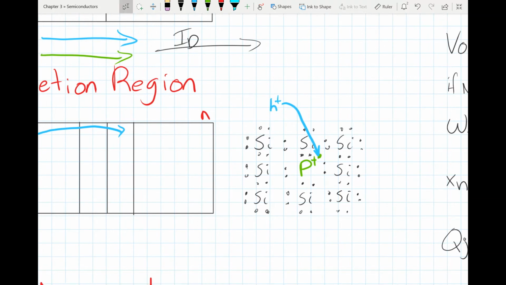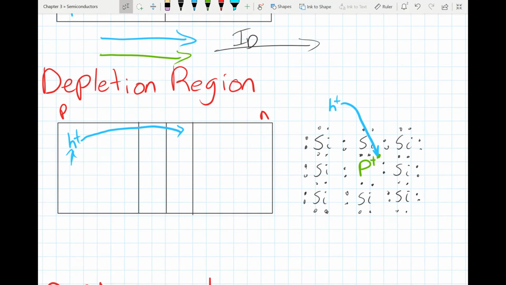So close to the junction, when all these things are happening, we're going to be accumulating a bunch of positive bound charges on the n side. These charges are going to be accumulating there on the n side.